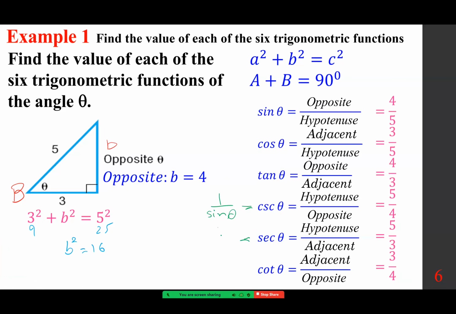What about secant? 1 over cosine. What about cotangent? 1 over tangent. Those are called the reciprocal identities. So that would be the fastest way to come up with the answer.